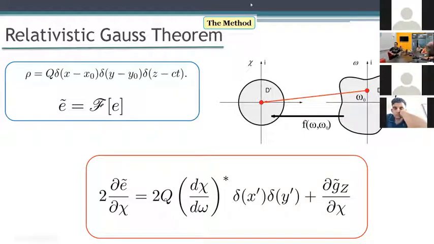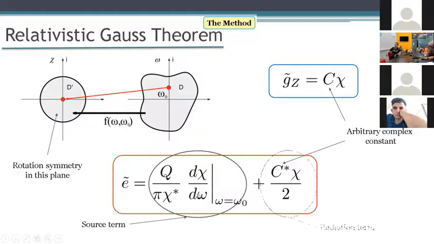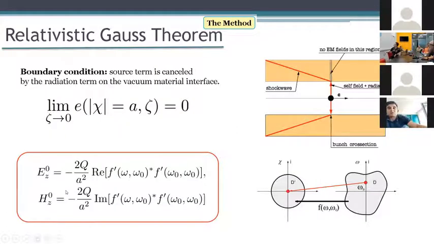So once I have the reference, I will build a conformal map which maps my source to the center of the circle and this area to the area of the circle, so to the disk. And then after some manipulations, I will have that EZ is basically 2Q over A squared, and the form factor will be defined by the conformal map. So HZ will be the imaginary part, again, of the product of two conformal maps.